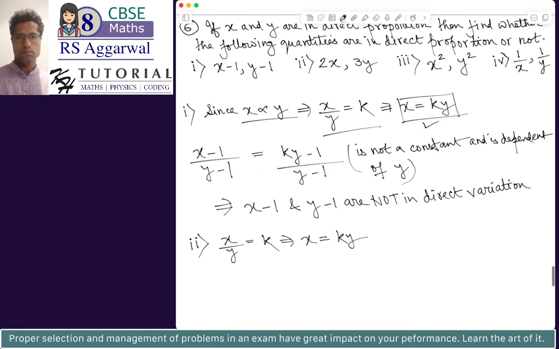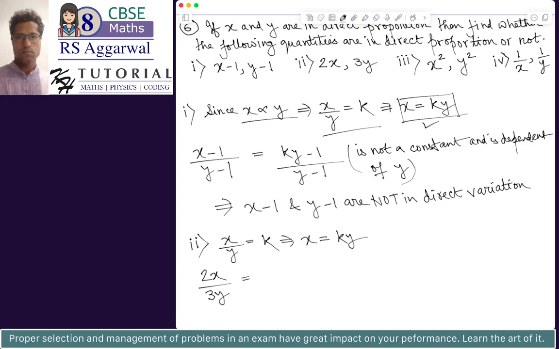Now, to check whether the quantities 2x and 3y are in direct variation, we will find the value of the ratio of the two quantities, that is 2x and 3y. If the value of 2x by 3y is coming to be a constant, then we can say that the quantities 2x and 3y are in direct variation.